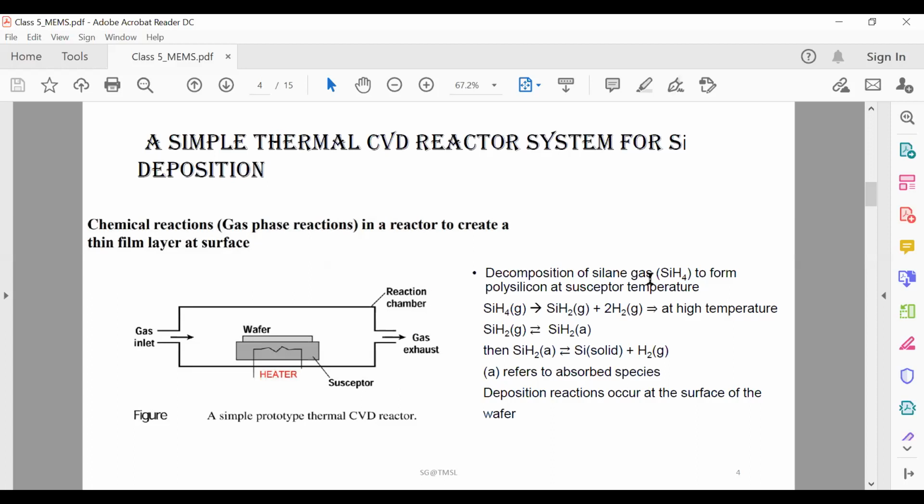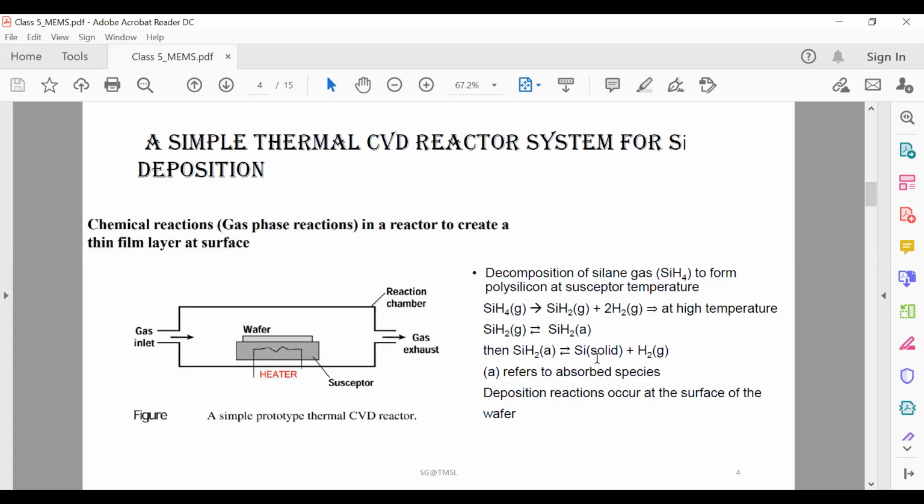It is in gas form, so it will decompose first at high temperature to SiH2 plus H2, which is also a gas. Then SiH2 again changes to amorphous SiH2, and then amorphous SiH2 will give silicon solid and H2 gas.